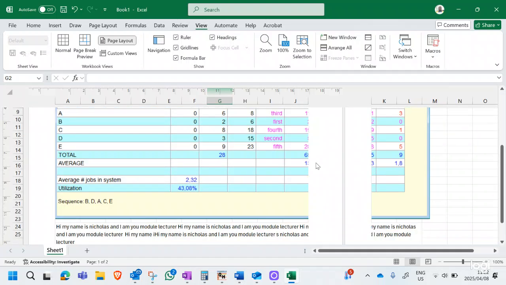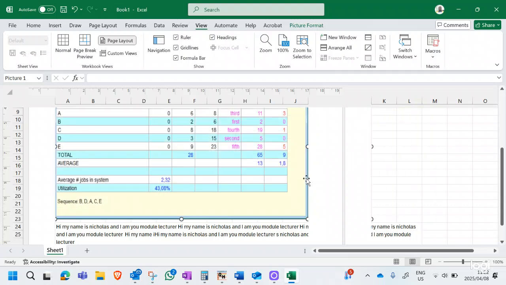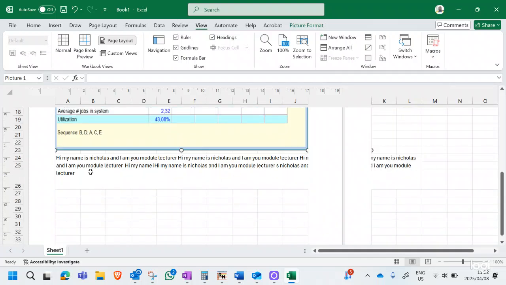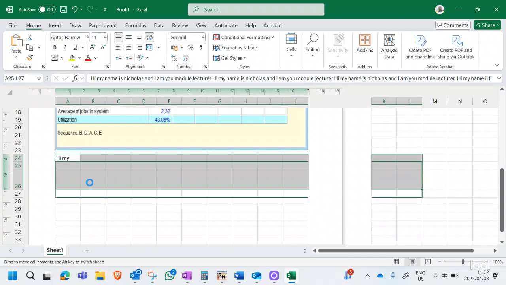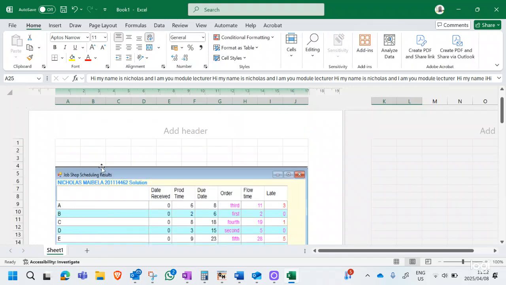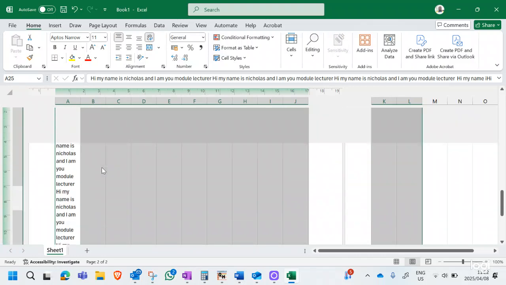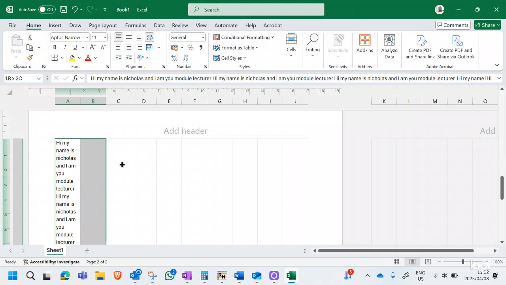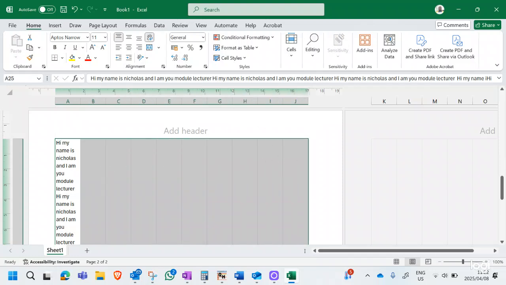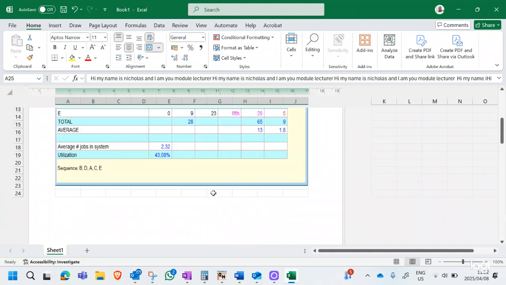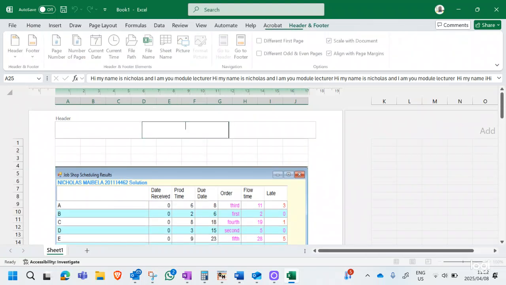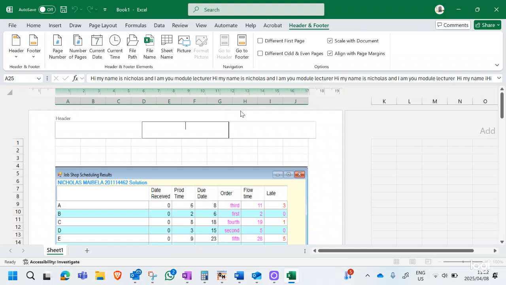Because we know that Nick prints out everything, you minimize your work so that it can fit in one page, not in multiple pages. Then you come here and you write your name again. Nicholas.